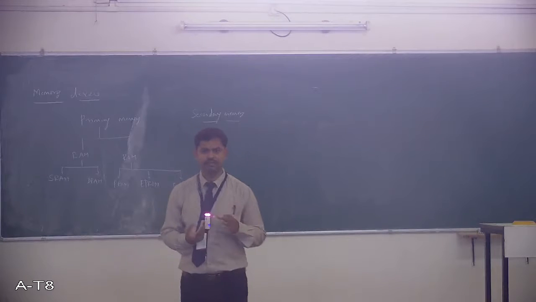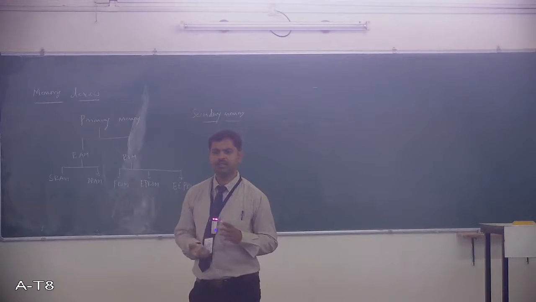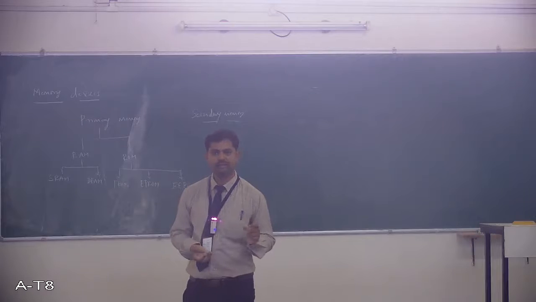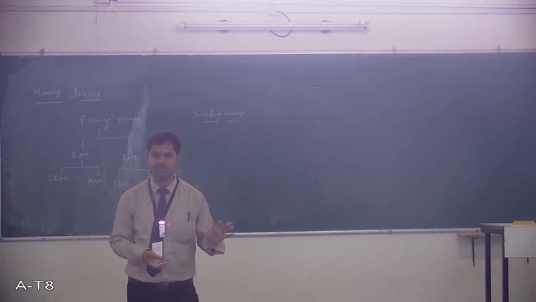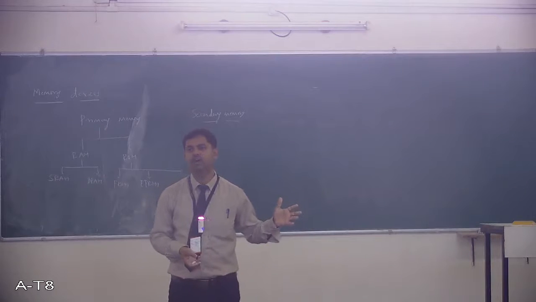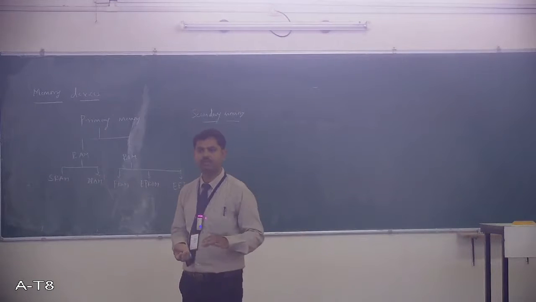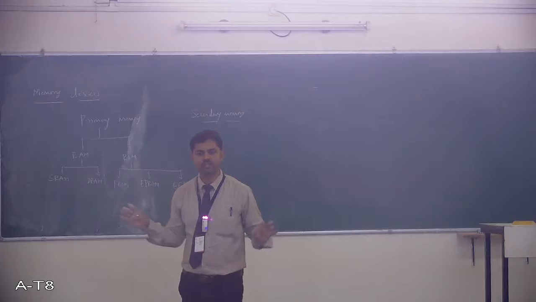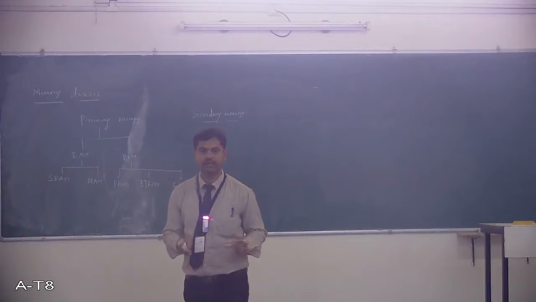One thing is, you might have heard regarding memories, volatile memory and non-volatile memory. Volatile means as long as power is there, the device will hold the data. Once the power is off or the electrical supply is off, all the data is gone. This is what volatile means.